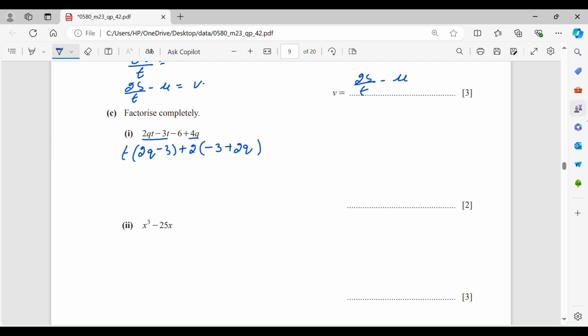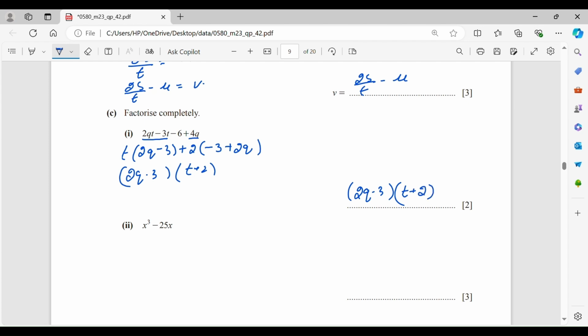Now this is 2q minus 3 and the other will be t plus 2. So this is the factorization. Our answer will be 2q minus 3 and t plus 2, right?